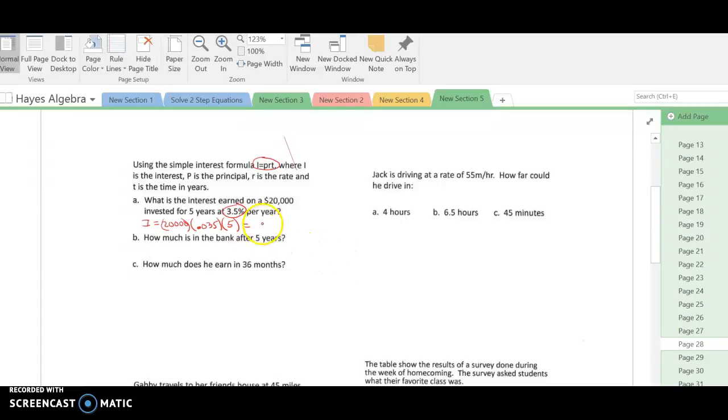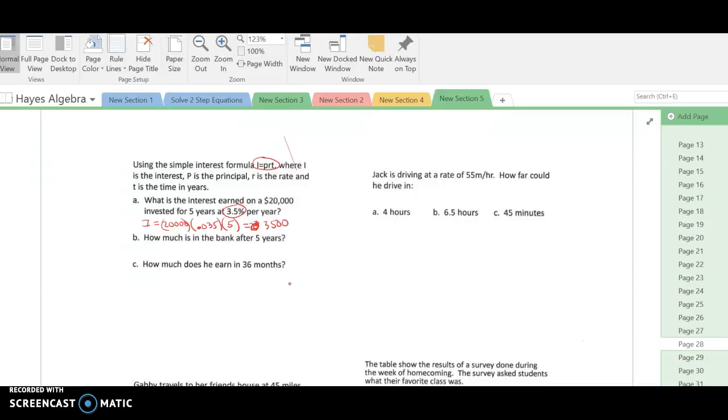When we multiply those all together, you get $3,500. So you would make $3,500 just by keeping your money in the bank for the 5 years.